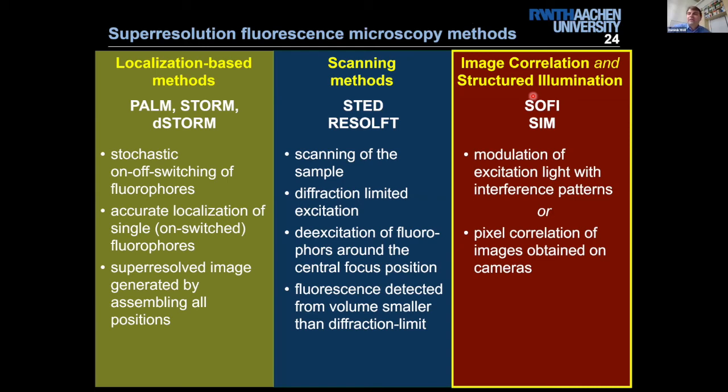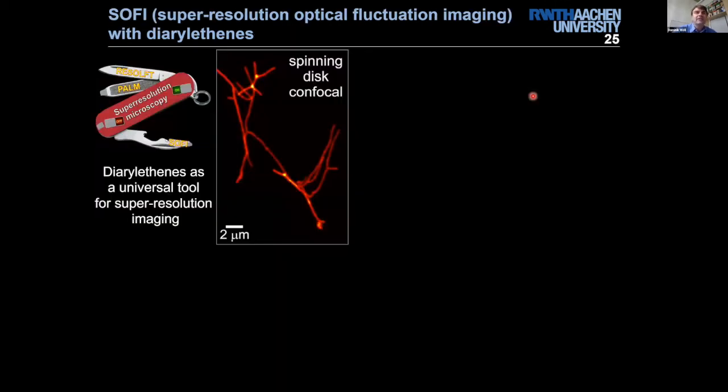I think it came from the lab of Jörg Enderlein, and we also cooperated with him and did some quite interesting things with SOFI. Actually, we used one of our preferred photoswitches, styryl dyes, which are fluorescent and which we can use for different methods. Some of them can also be used with the 3D double helix.